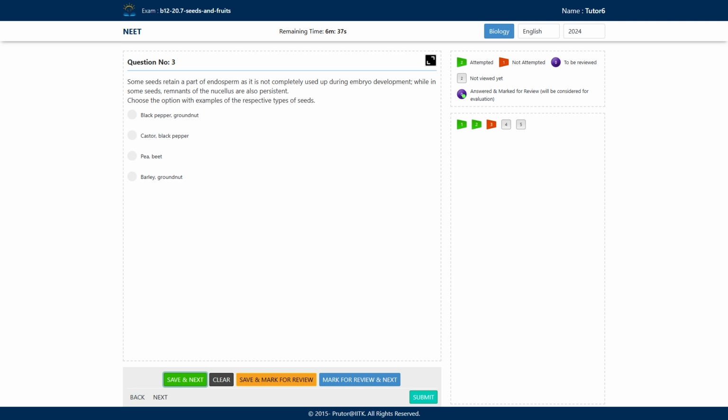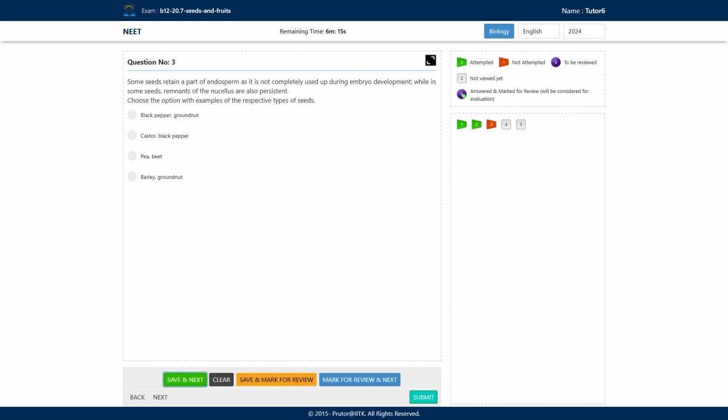Some seeds retain a part of endosperm as it's not completely used up during embryo development, while in some seeds, remnant of the nucellus is also persistent. Choose the option with the example with the respective types of seeds. Just now we have discussed in our first question, right?